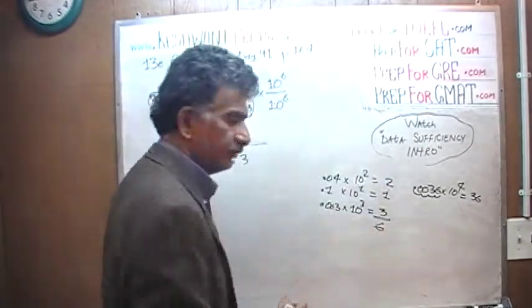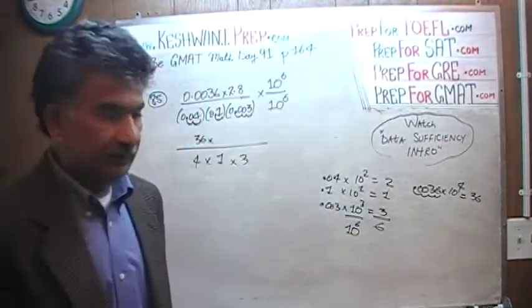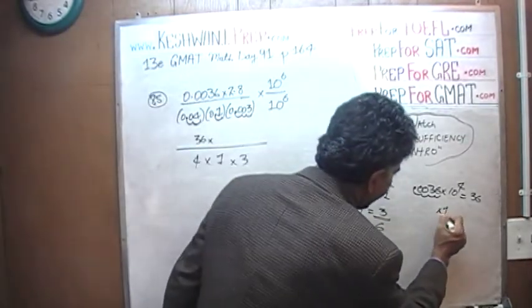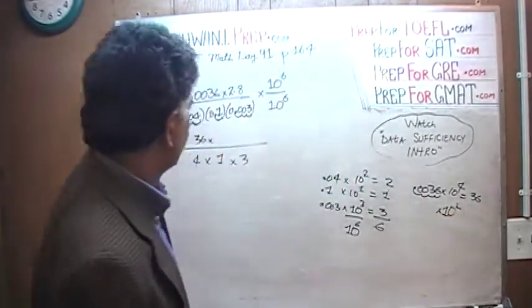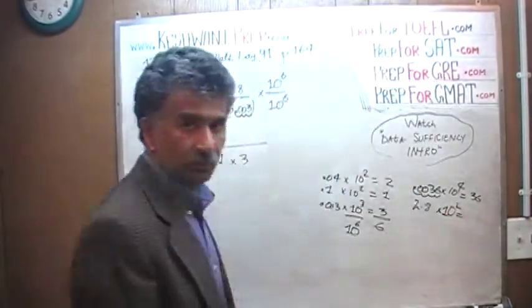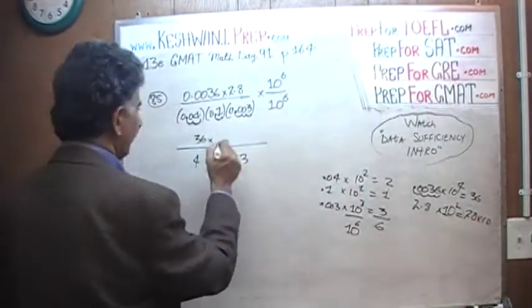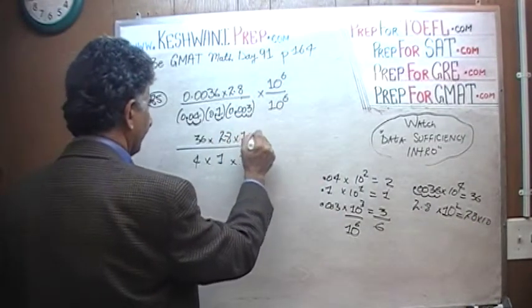We need 10 raised to 6 over there too, so we have to multiply the second one by 10 raised to 2. 2.8 times 10 raised to 2 is the same as 28 times 10. So that's what we end up with here, 28 times 10.